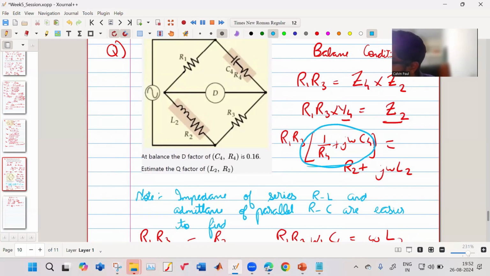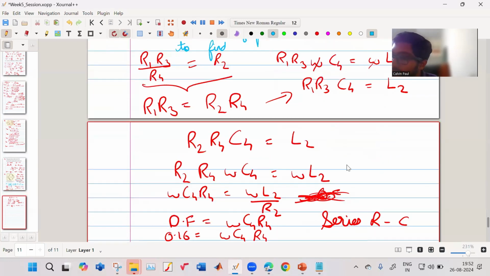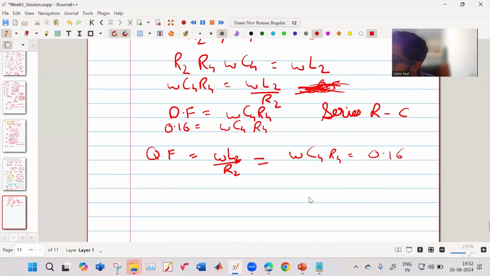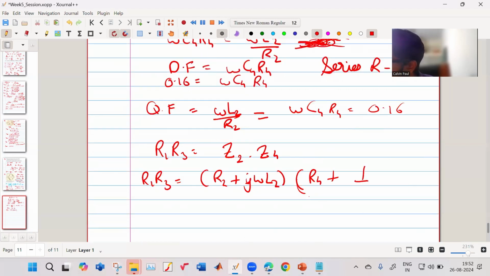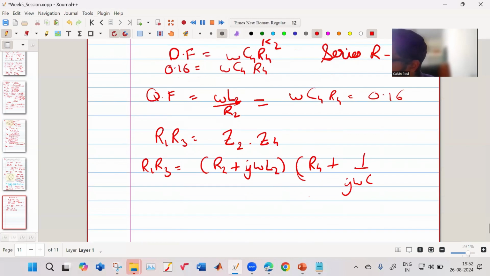So what I will write is my R1 into R3 is equal to my Z2 into Z4. Okay, my R1 into R3 is equal to R2 plus j omega L2 into R4 plus 1 upon j omega C4.